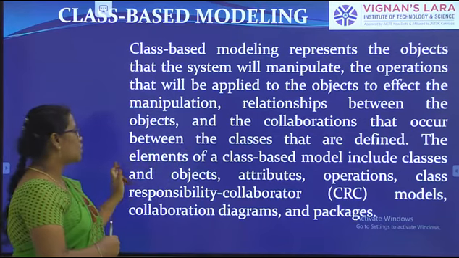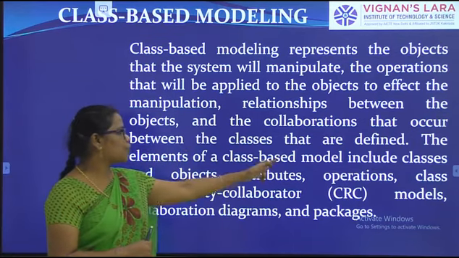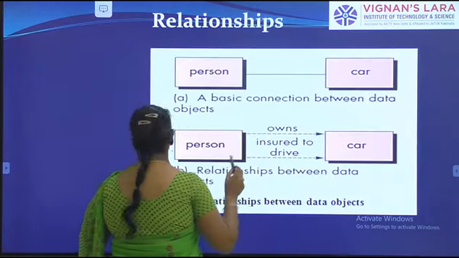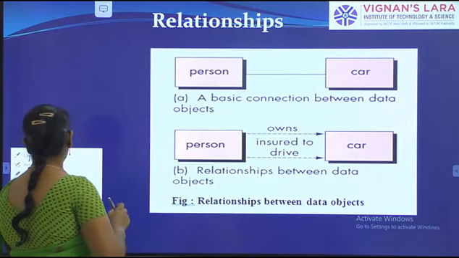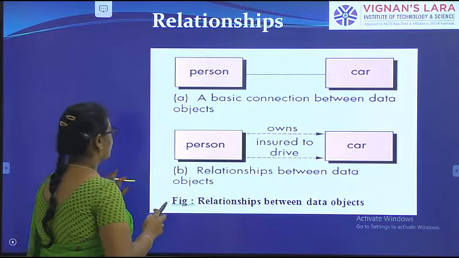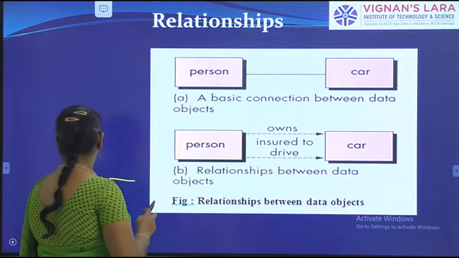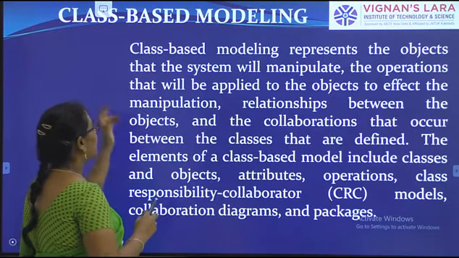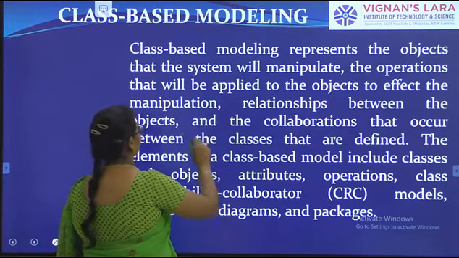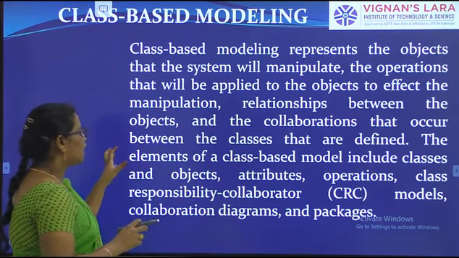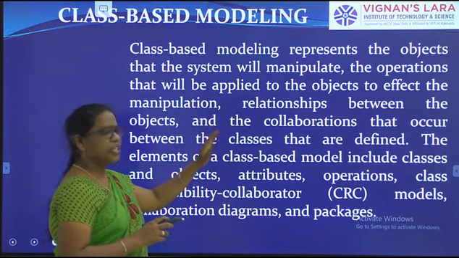collaborations. What are those collaborations? What are the class-based models? So once again, in class-based modeling, we have the collaborations, the objects, the relationship between the objects, and the relationship between the collaborations.